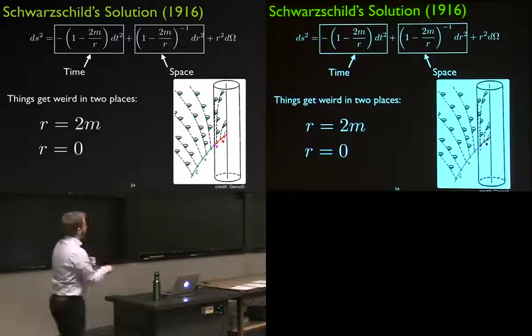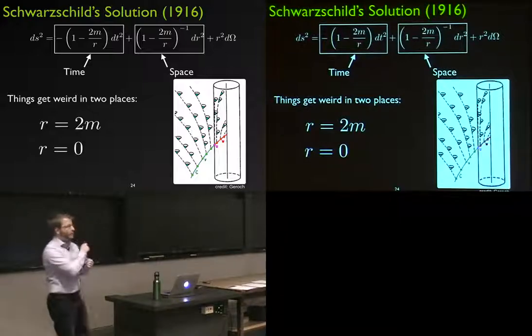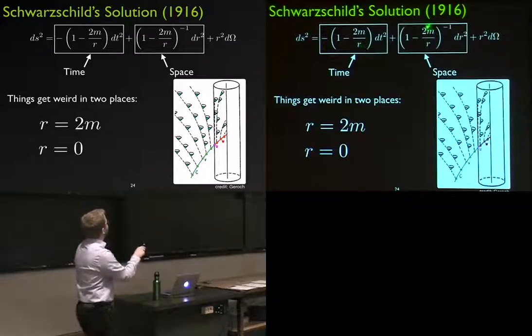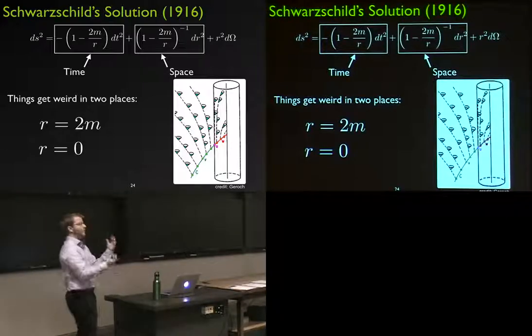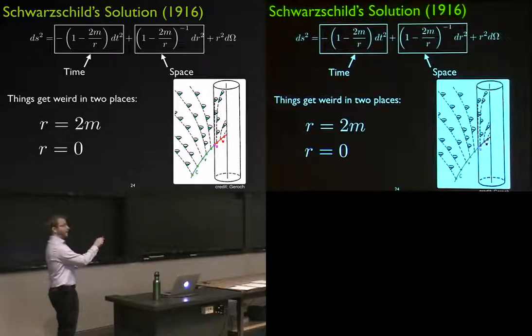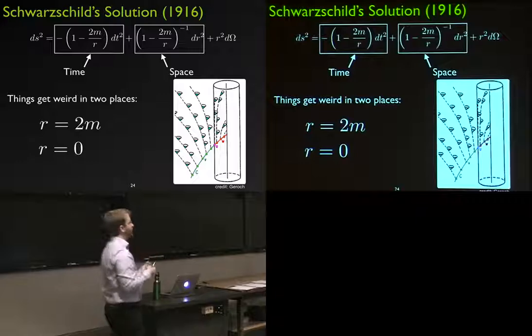Some think that at r equals 2m, the curvature of space-time goes to infinity. That's described in the event horizon. You can do some transformations of coordinates to get rid of that infinity, but there's nothing you can do to get rid of the infinity at r equals 0. So they're a very different kind of singularity, a dividing by 0.